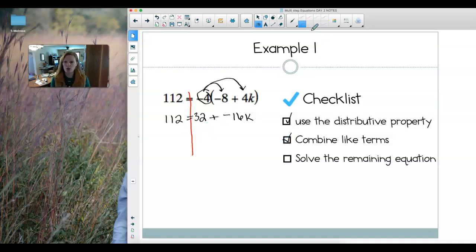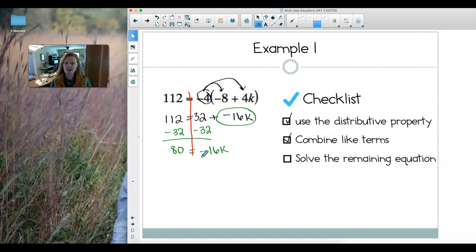So remember, when we solve this, we want to keep the variable and its best friend together as long as possible. We're going to get rid of the 32 by subtracting 32 from each side. So 112 minus 32 is 80 equals the -16k.